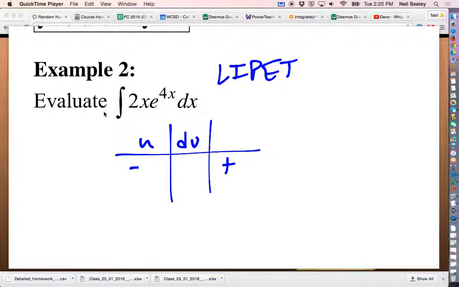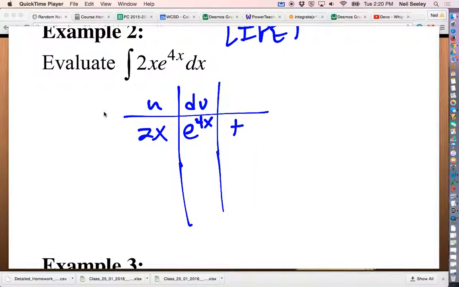My u is 2x, e to the 4x, got it. And then we take derivatives on polynomials so they can't, 2, 0, 1/4 e to the 4x, and then you integrate one more time. Oh man, we gotta go one more time. So what is that, 1/16 e to the 4x, plus minus plus.